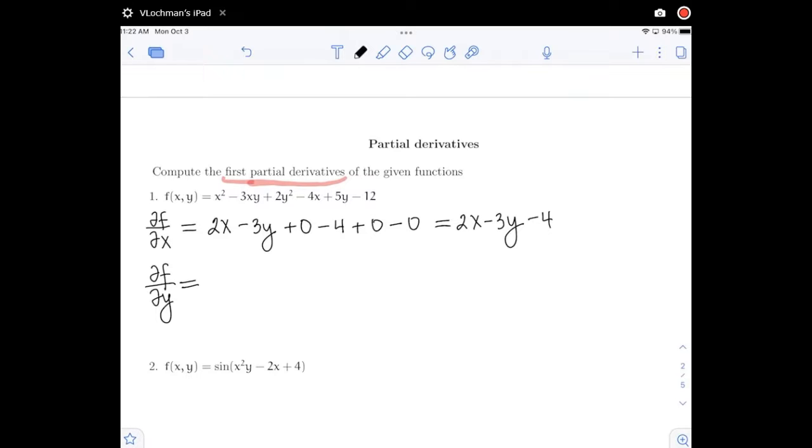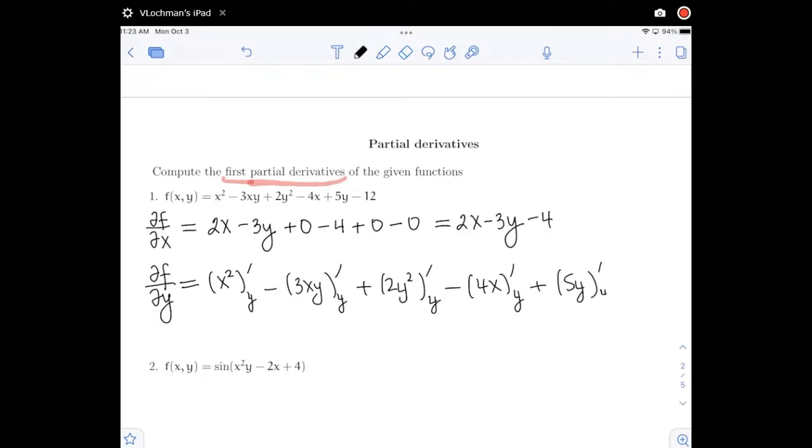So let me maybe write this all out: x squared prime with respect to y, minus 3xy prime with respect to y, plus 2y squared prime, not squared, prime with respect to y. I'm going to write it all out. You don't have to do it once we are comfortable with computing these derivatives.